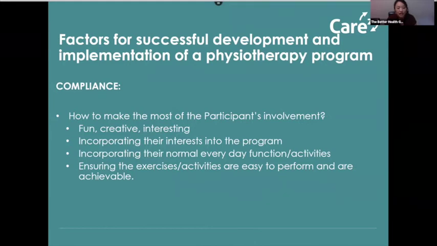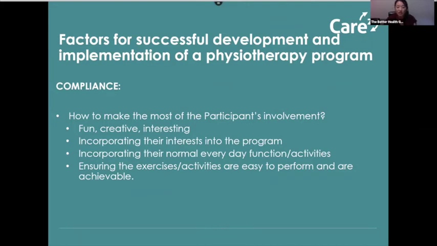And really it's all about incorporating their interests into the program. So if they like soccer, if they like being in their backyard, or if they like playing with dolls, whatever it may be, we want to incorporate their interests, because it's most likely going to get them to participate and engage in the program more. For example, if they like soccer, then we can incorporate soccer-type movements or activities as part of the program.